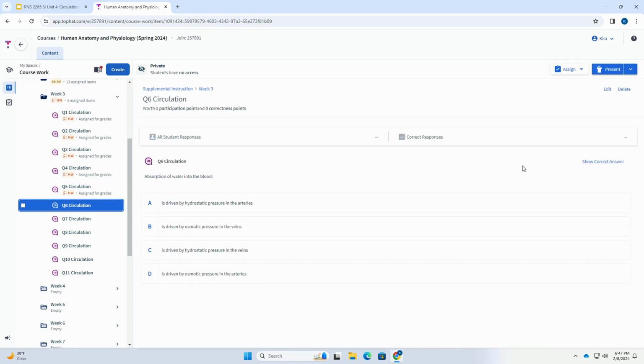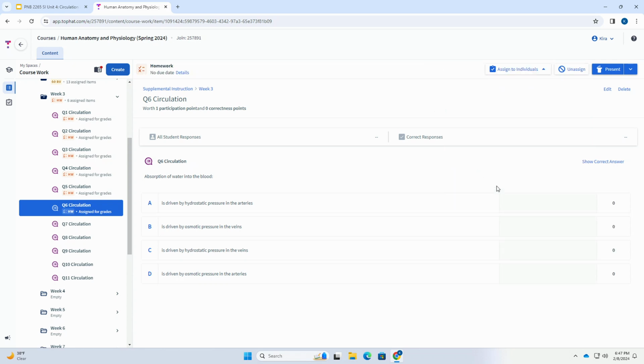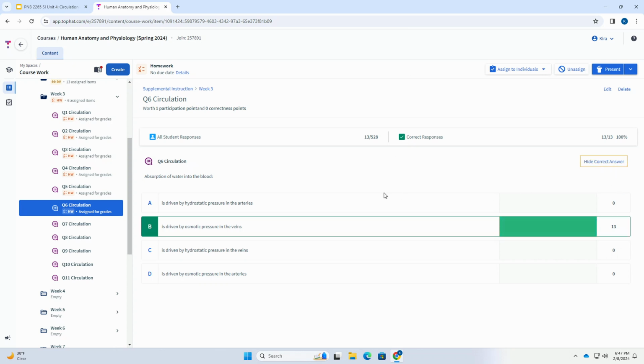Absorption of water into the blood. So again, filtration is first on the arterial side, pushing substances out, and then on the venous side, water is absorbed back in, driven by the proteins that were left in the blood.